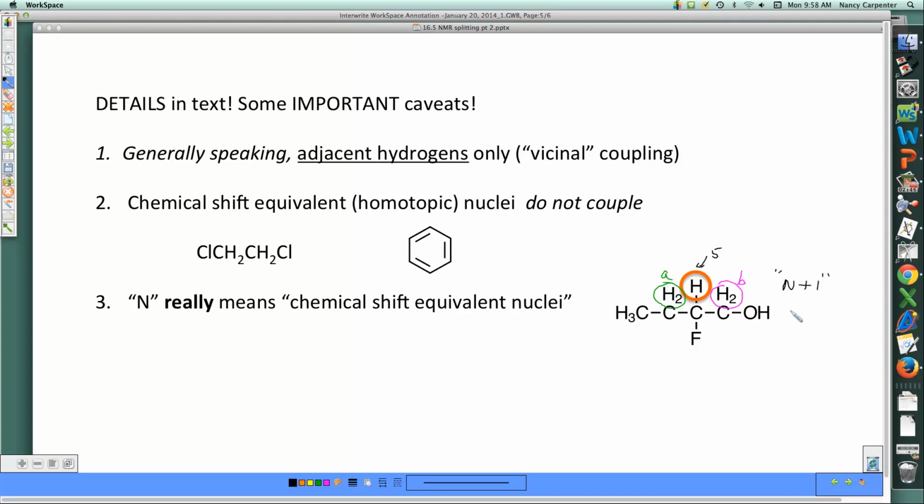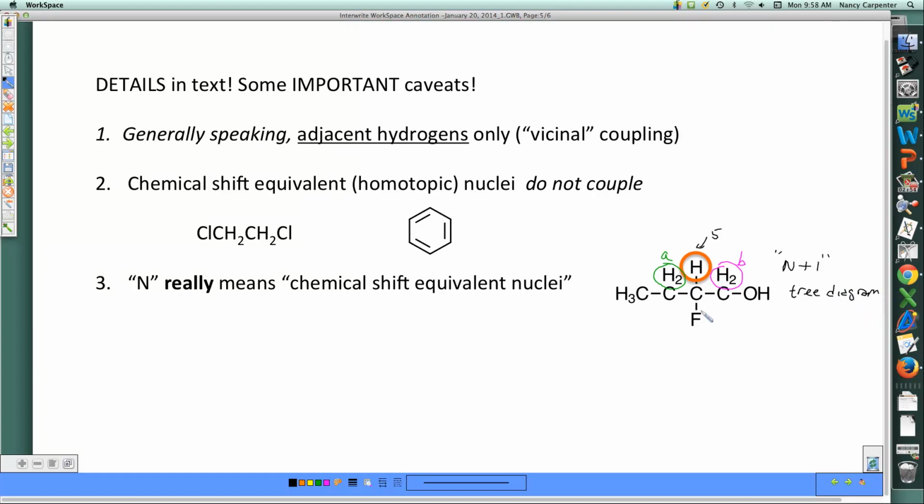The way we get around this is by using something called tree diagrams, and that's a little bit more complicated, and we'll talk about that a little later on. I will say that it turns out that the orange circled hydrogen does show up as a 5-line signal, but that's just a lucky thing, okay?